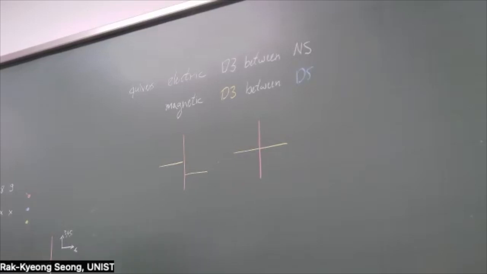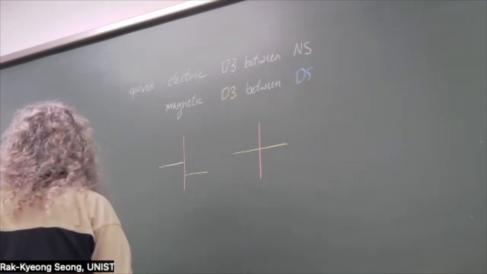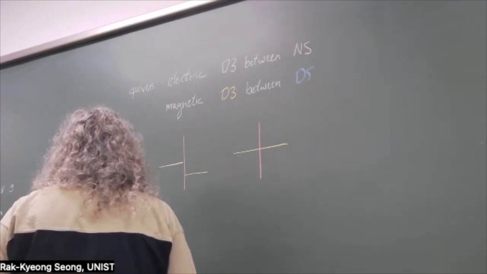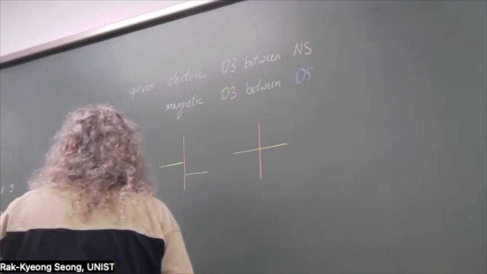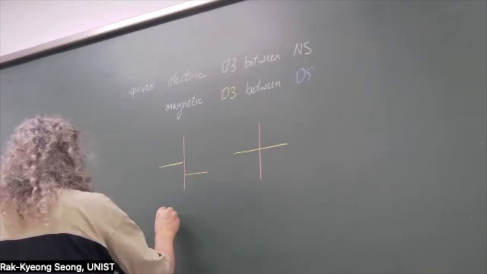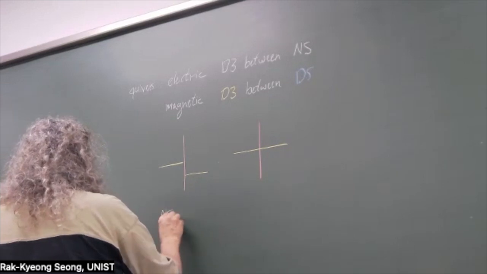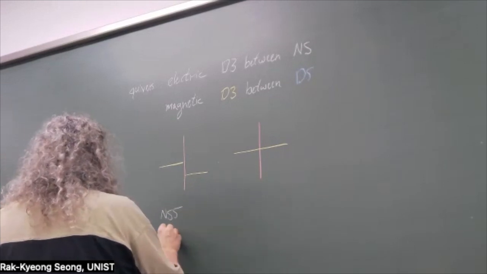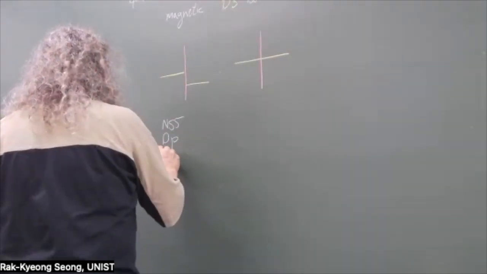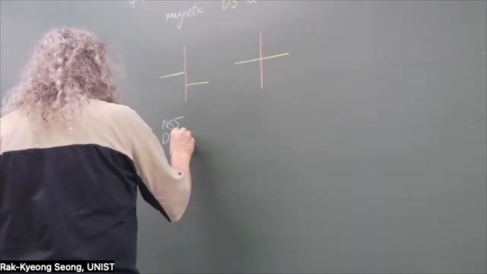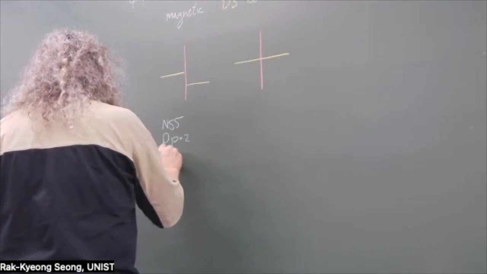Now, another comment: I could have other configurations. So I could do NS5, Dp and Dp, let's say Dp plus 2 Dp.